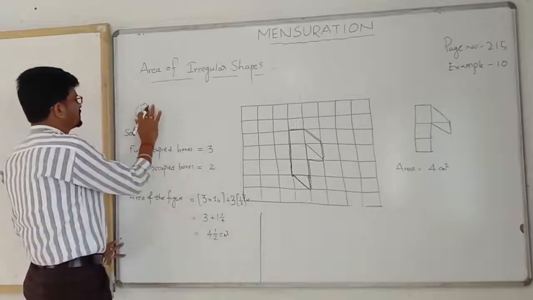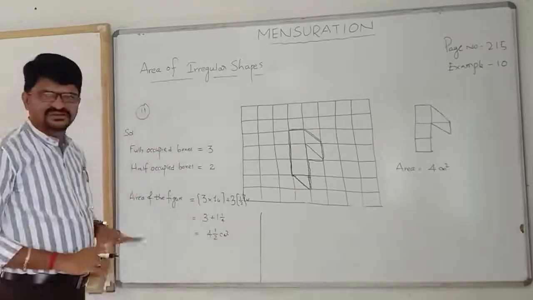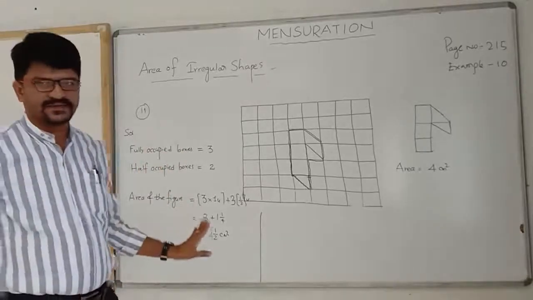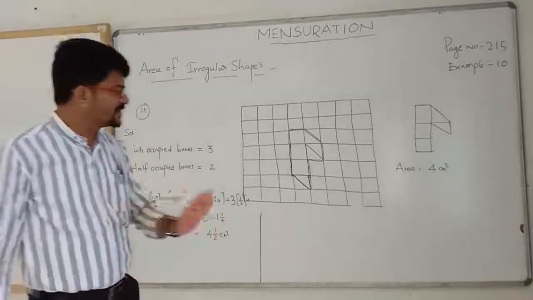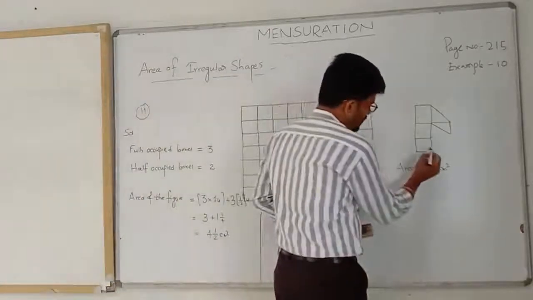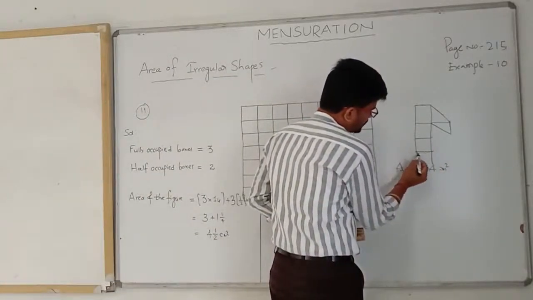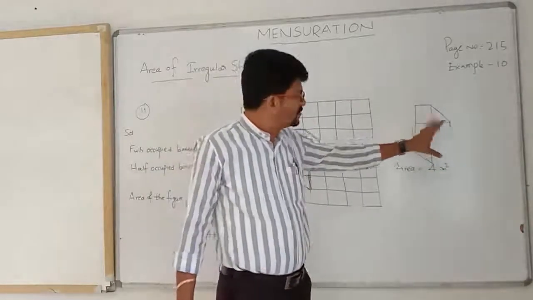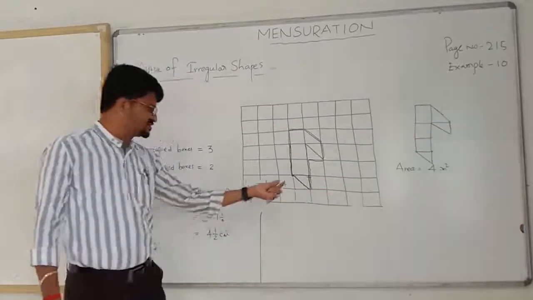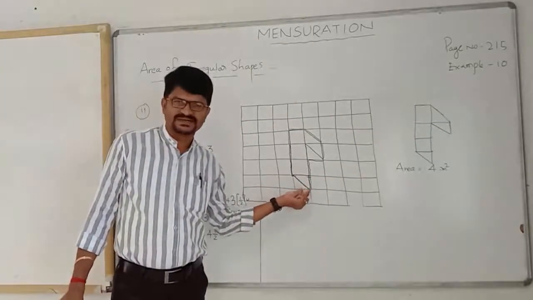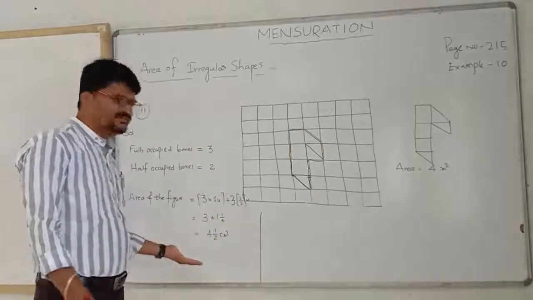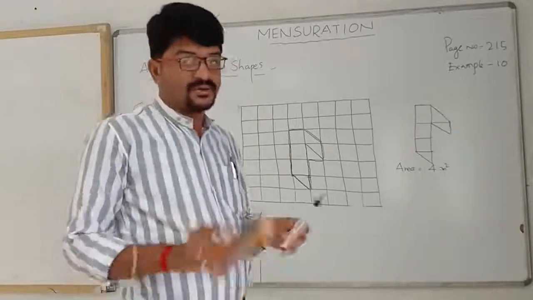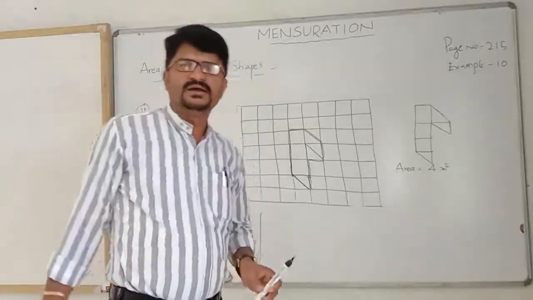This is the 11th question. Okay, children, this one you can do later on, not right now. Actually the textbook diagram we first drew like this, but now in this question it is given like this. So again a half box is added, that's all. That half box you can add, and again you will get 4.5 square centimeters. Clear, children? Now I am going to erase this. This one you can do in your graph book.